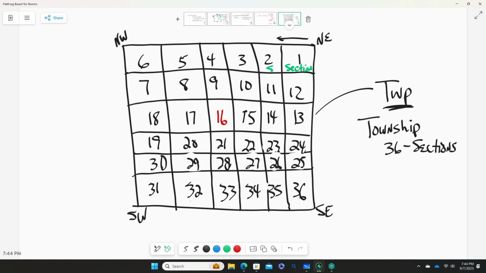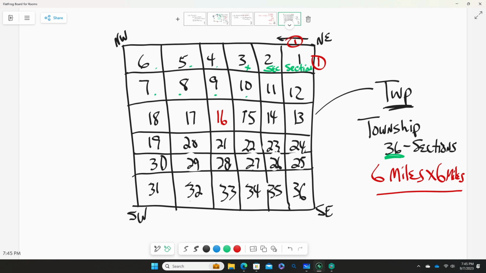This is a section. All of these are sections, because there are 36 sections in a township. A section is 1 mile wide by 1 mile, which tells us then a township would be 6 miles by 6 miles.